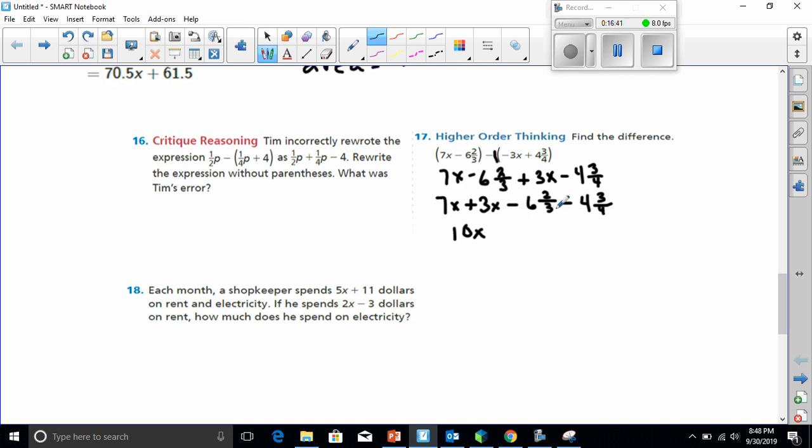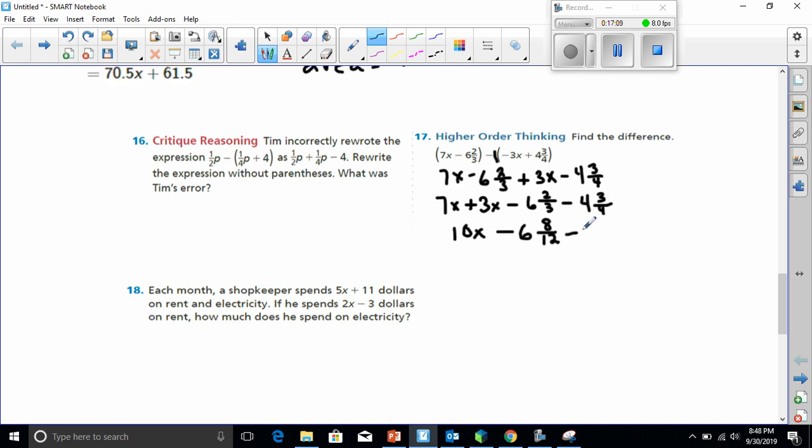I have to multiply it by 4. If I multiply the bottom by 4, I multiply the top by 4. So this is going to give me negative 6 and 8 over 12. And over here, to turn this one into 12, we multiply by 3, and that means multiplying the top by 3.